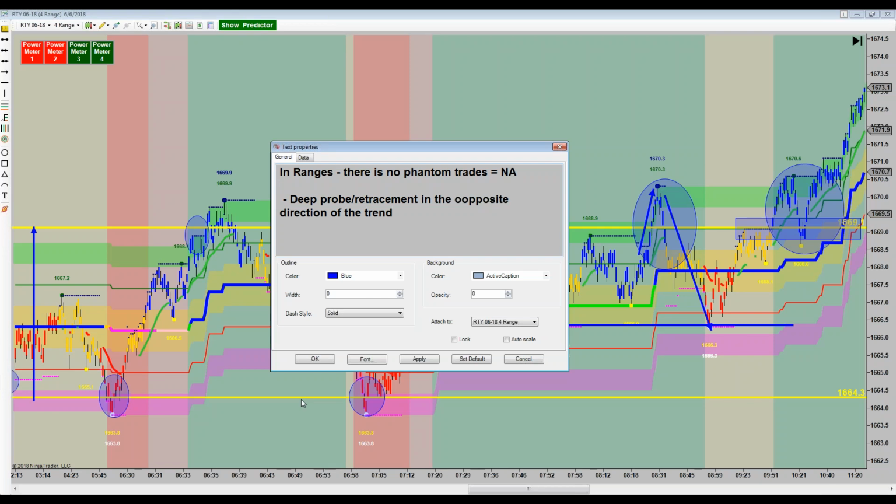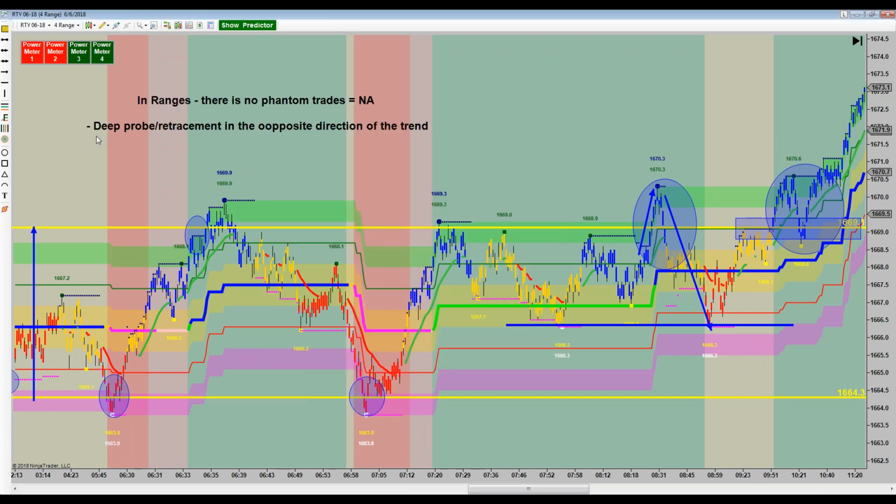So by definition, can a range have a phantom trade? Look at the definition of it. A deep retracement in the opposite direction of the trend. What is the definition of a range? A range is the lack of a trend, right? A range means you have no trend, the absence of trend. So you can't have a phantom. Everybody understand that?